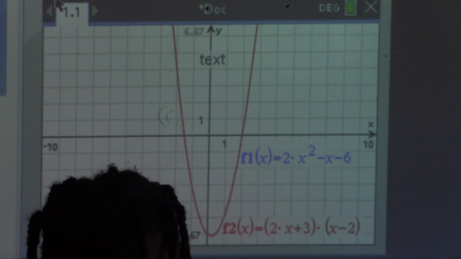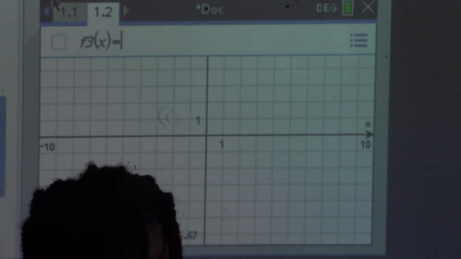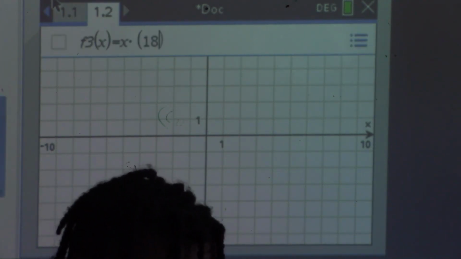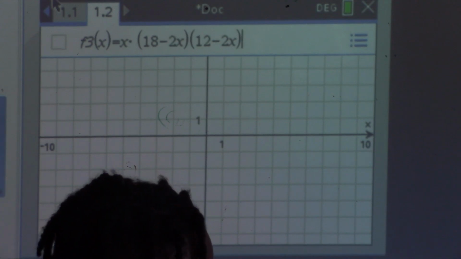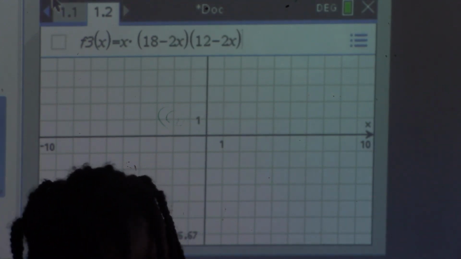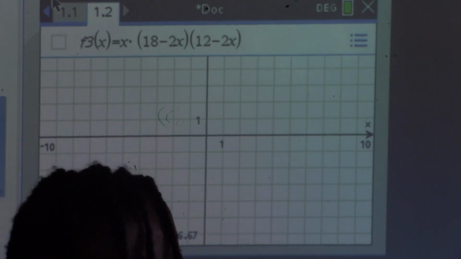Well, I'm about to type it in. There is the equation up on the board. Tyler, have you typed that equation in?